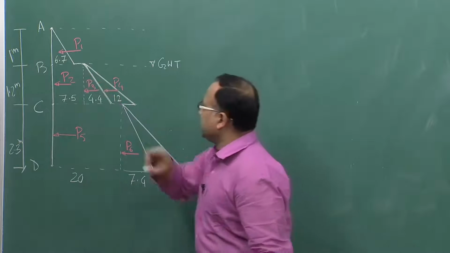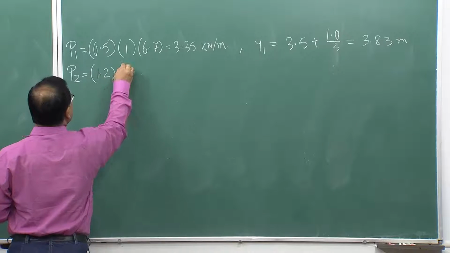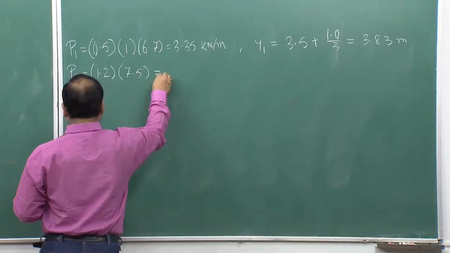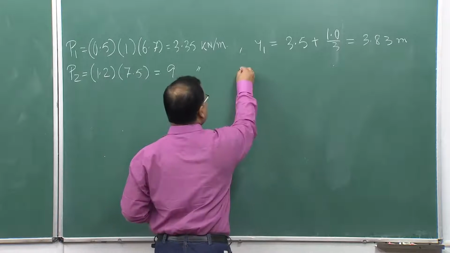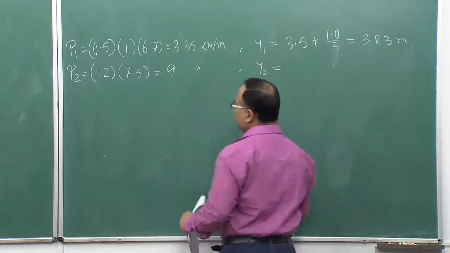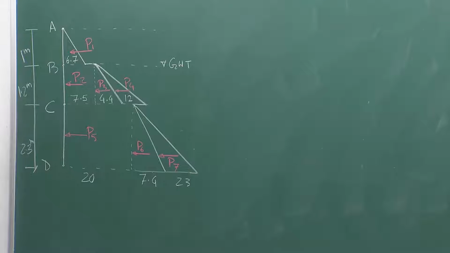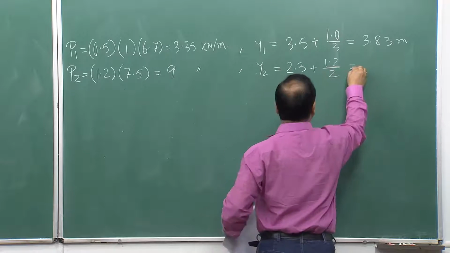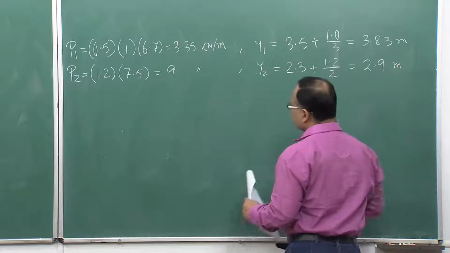So, P2 is 1.2 into 7.5, that comes as 9 kilonewton per meter run. Where is it acting? Y2 is 2.3 plus 1.2 by 2, that comes as 2.9 meter.